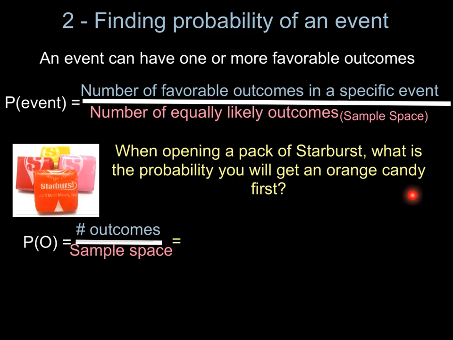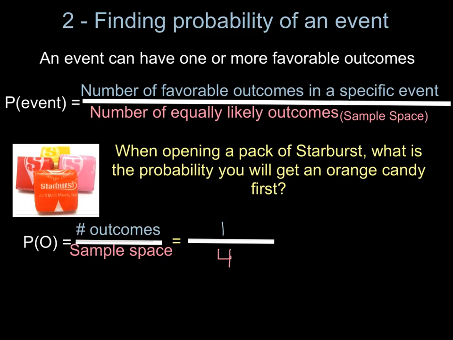Now, if we're looking for just an orange candy, we can see here with all of our different candies that there happens to be one orange candy. So our favorable outcome is just finding one of those candies, and we're going to divide it by our sample space, which happens to be a total of 1, 2, 3, 4 different outcomes. So our sample space is 4. If we want to write this as a fraction, we already have it: a 1 out of 4 chance of getting an orange candy.